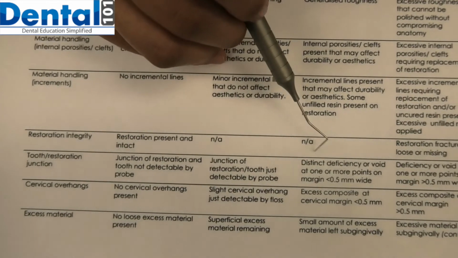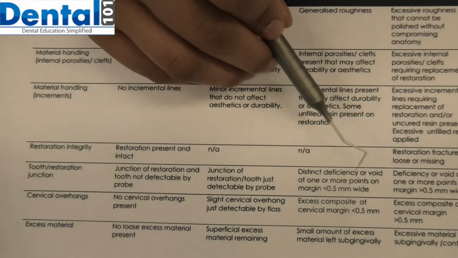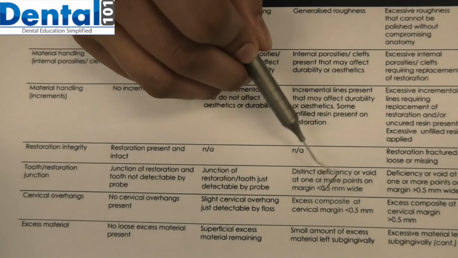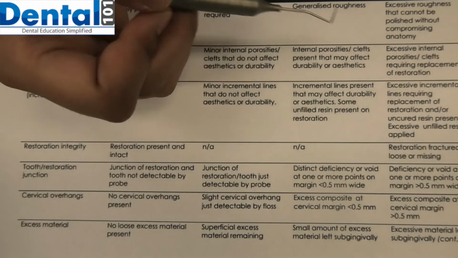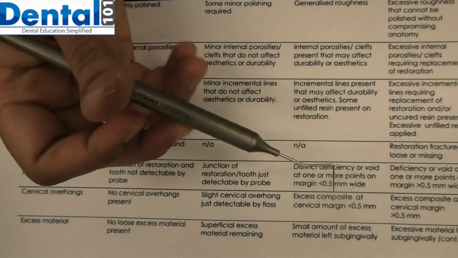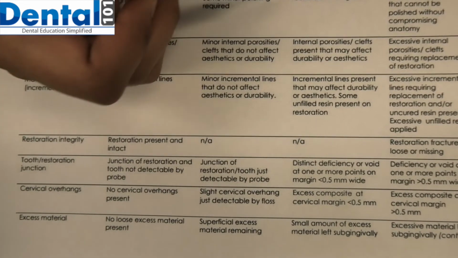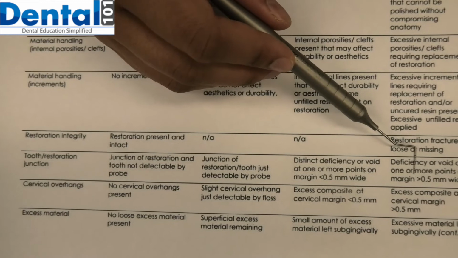And if there is a deficiency or void at one or more points which is less than 0.5 mm wide, it comes under borderline. So if there is any cleft or void or any deficiency which is less than 0.5 mm, it comes under borderline. But if it is more than 0.5 mm, then it comes under unsatisfactory.